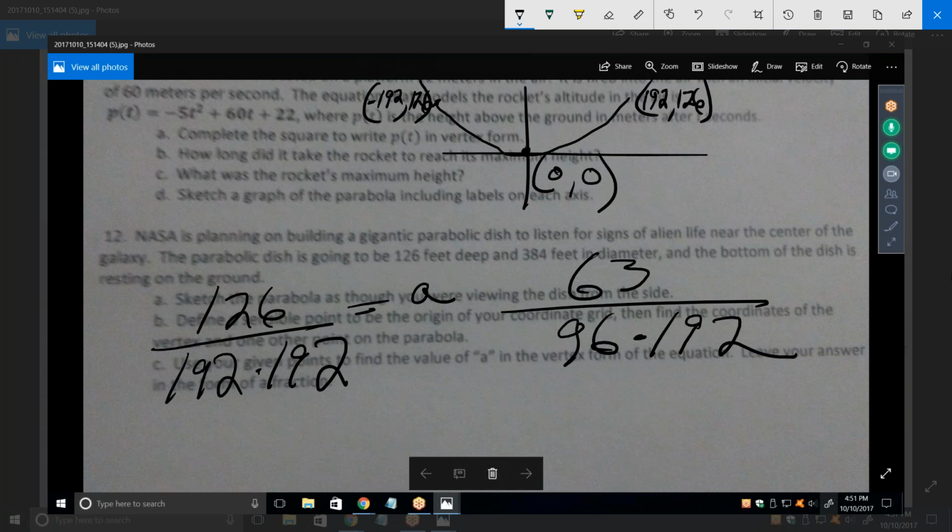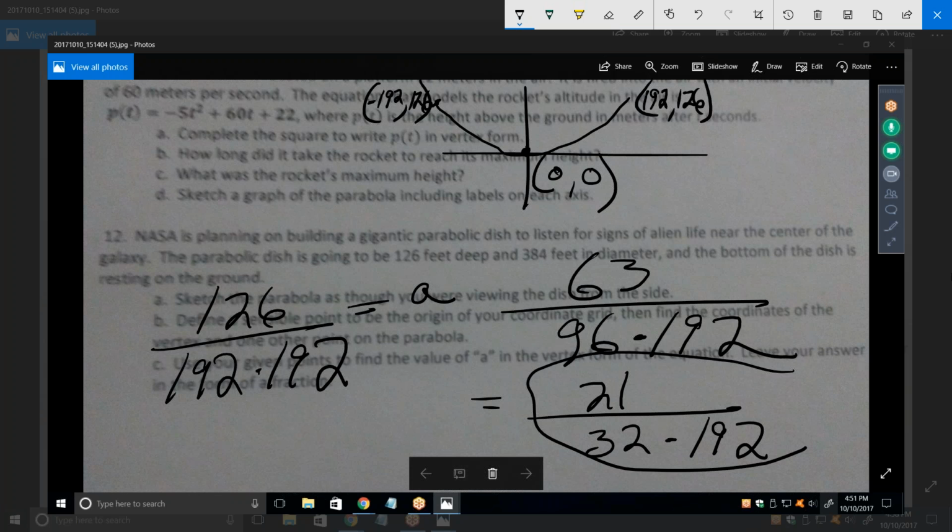Now is there a number that divides into top and bottom? 3. Yeah, in other words, if a number's digits add up to a multiple of 3, then you can divide by 3. So that gives us 21 in the top, 32 times 192.